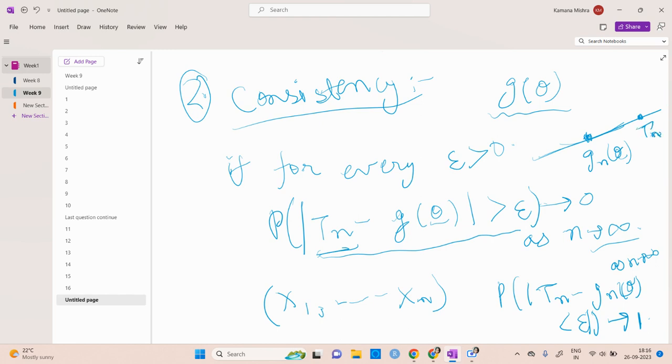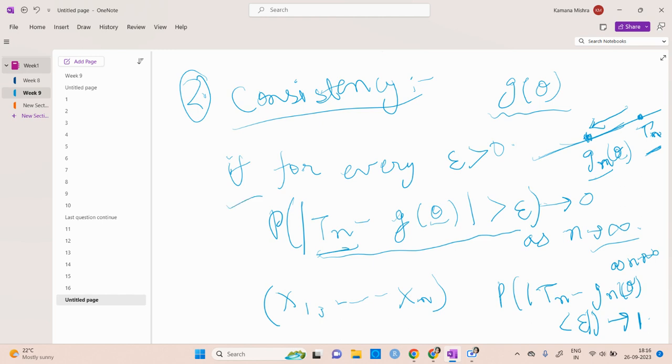So what we are saying is that as we increase the number of samples, as we increase n, this Tn tends to gn(theta), and its probability is approaching 1. Let's say when n is equal to 20, the probability that this value is less than a very small value, let's say 0.05, epsilon means epsilon is a very small value.